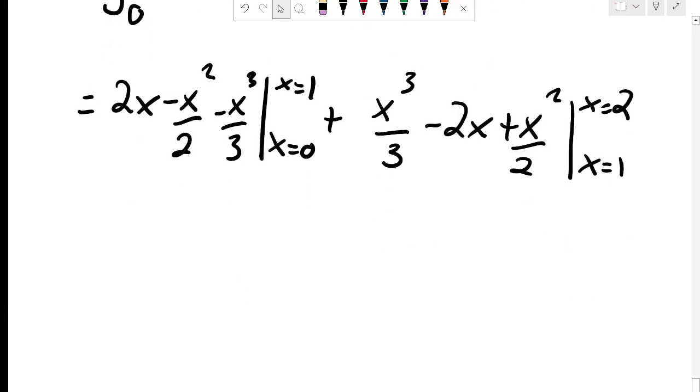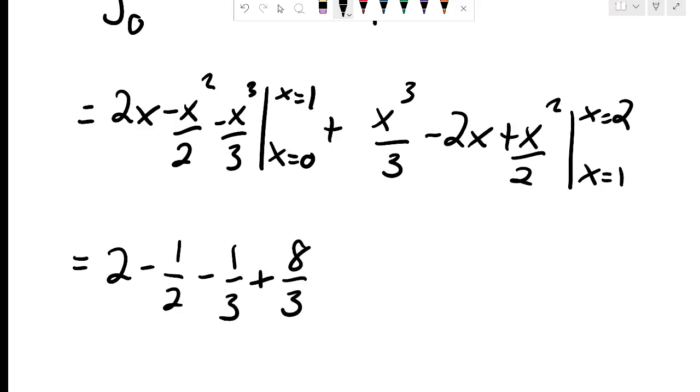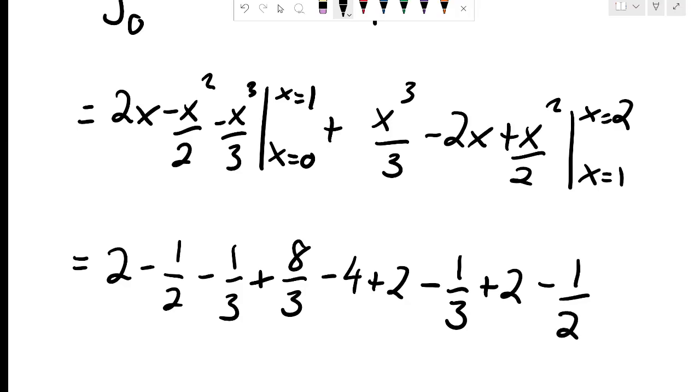So just plugging everything in: 2 minus 1/2 minus 1/3, everything else is going to be 0. And then on this one, we have 8/3 minus 4 plus 2, minus 1/3 plus 2, negatives cancel, minus 1/2.